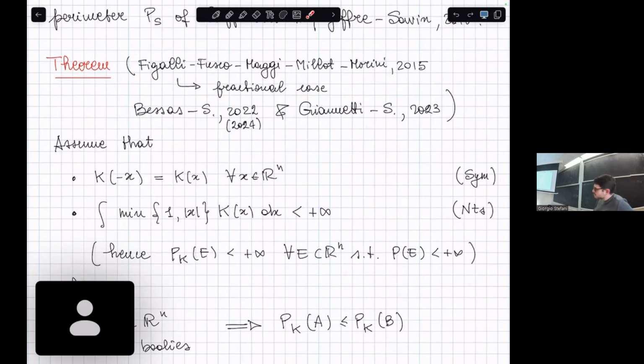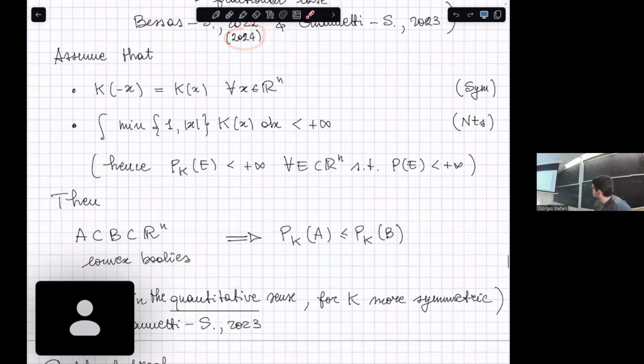And we were able to generalize this to more general kernels with Konstantinos and even to more general kernels with Flavia in a recent work. Actually, this work has been published some days ago. And the two assumptions that we need here are very simple. First one is the kernel has to be symmetric.